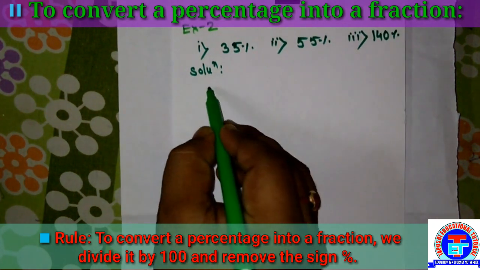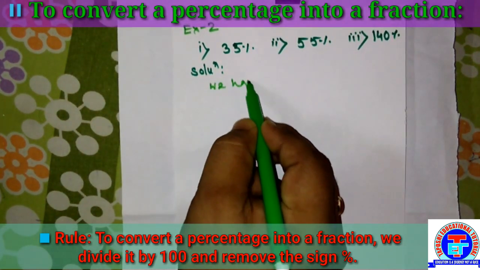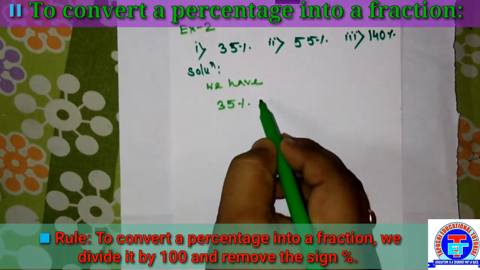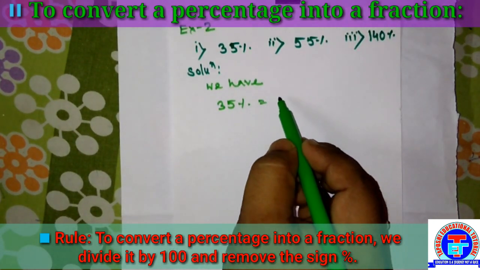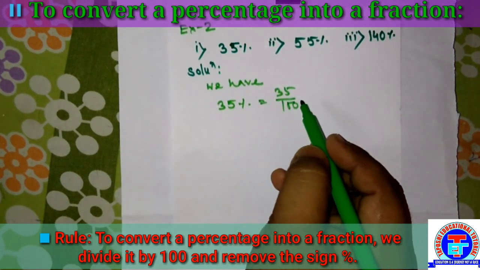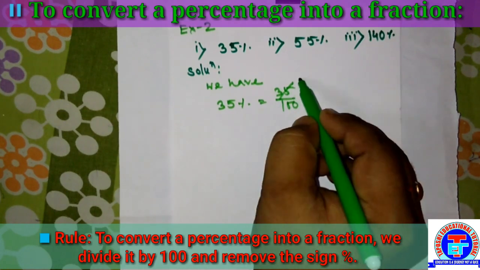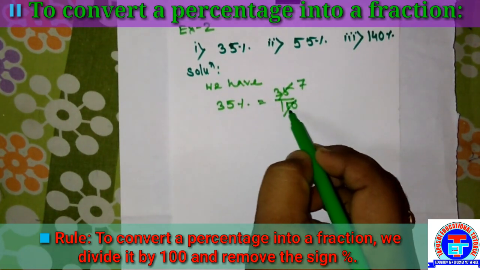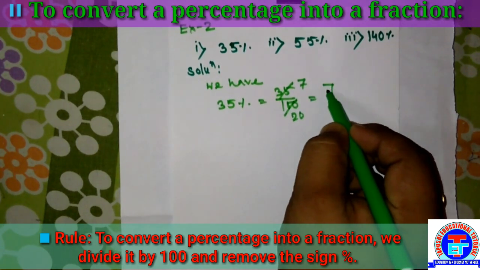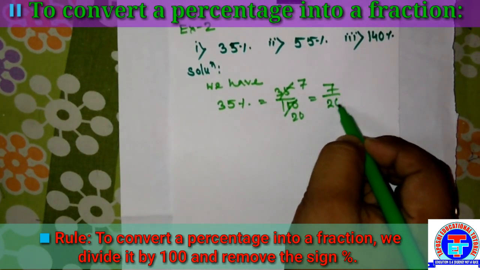First one we have 35 percent is equal to 35 by 100. Now cut this one by 5, 7 and 20. So the fraction will become 7 by 20.